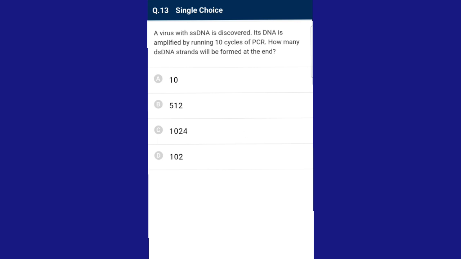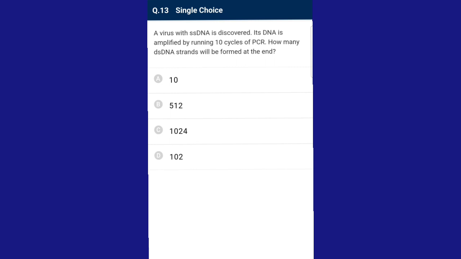Question number 13. A virus with single-stranded DNA is discovered. Its DNA is amplified by running 10 cycles of PCR. How many double-stranded DNA strands will be formed at the end? Polymerase chain reaction is a process to amplify nucleic acid sequences.